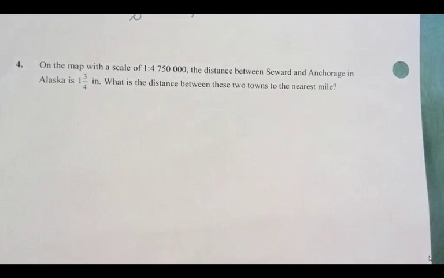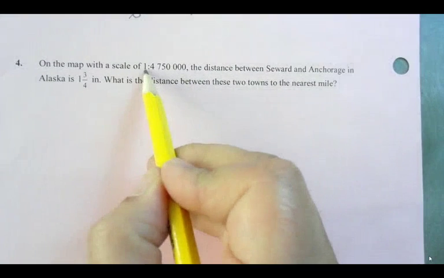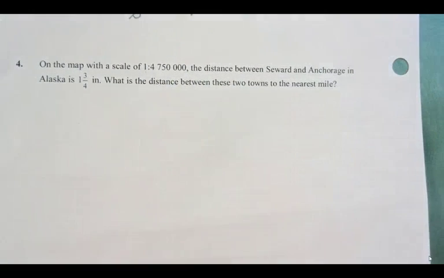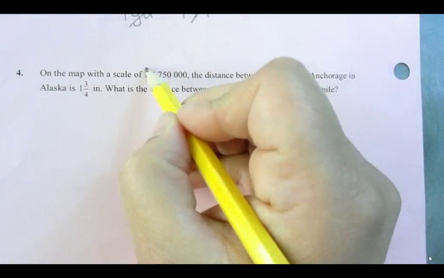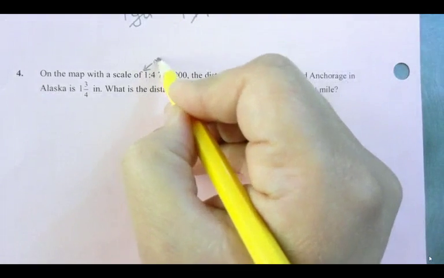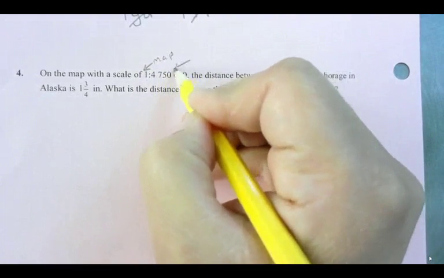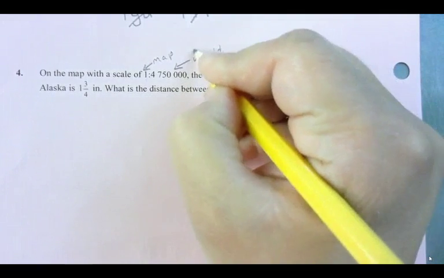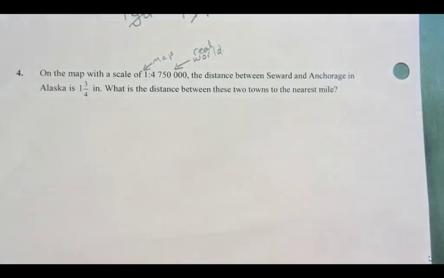Okay? Now, this question is saying that a map has a scale of 1 to 4,750,000. What does that mean? It's like 1 on the map, and this is in the real world.